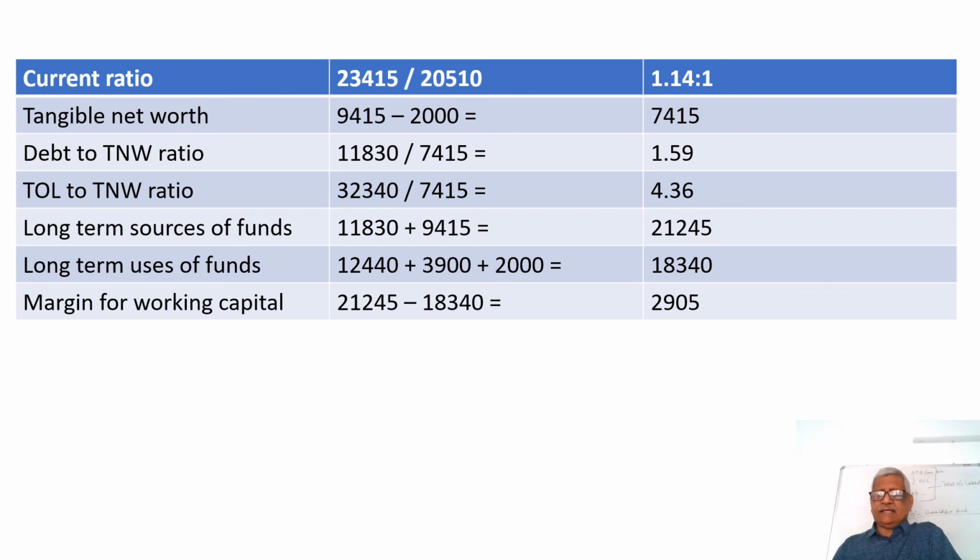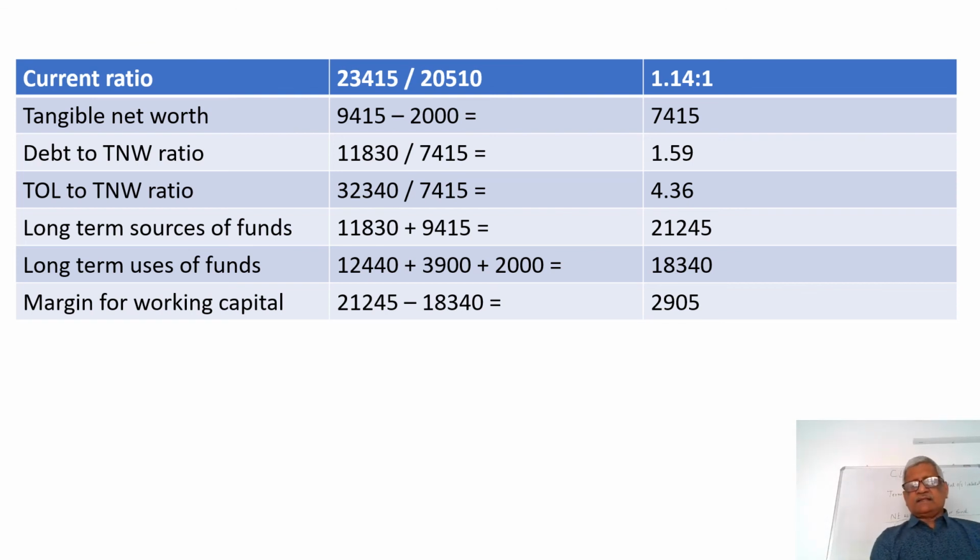So we add the term liability plus net worth to arrive at the long-term sources. When it comes to long-term uses, we have the fixed assets plus the non-current assets plus the intangible assets. On the asset side, the current asset is a short-term use of funds, whereas the fixed asset, non-current asset and intangible assets are long-term uses of funds.